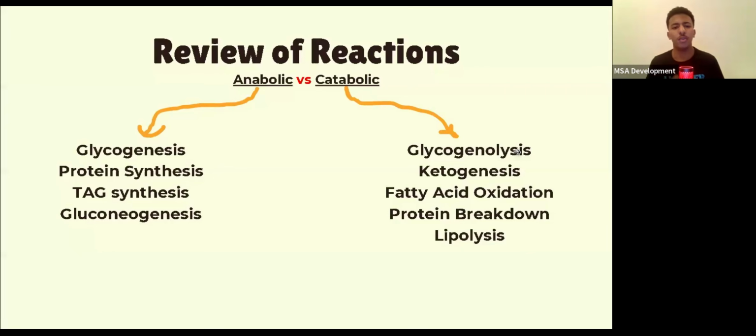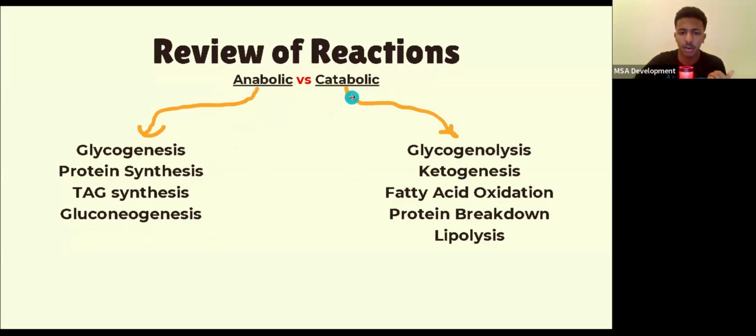Now, let's quickly review some of the anabolic and catabolic reactions. You don't really need to know the details. I just want you to remember them from MOL 1, okay? Because it's going to help you with the functions of insulin, functions of glucagon, metabolism in diabetes, all of that later, okay? So by the way, most of the anabolic reactions are going to be promoted by insulin, except gluconeogenesis.